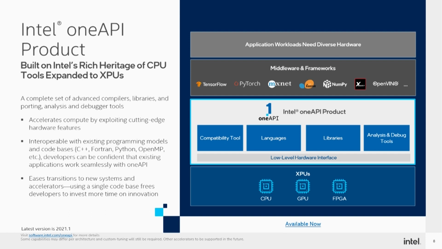We also have a tool called the compatibility tool that we've just recently open sourced. The open source version is called Cyclomatic. What it can do is take existing CUDA code and migrate it to SYCL. Hopefully it would get you 80% of the way there, and we're trying to make that 90%.